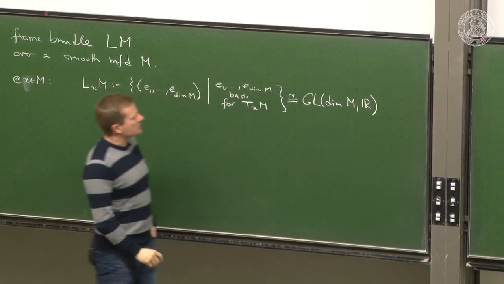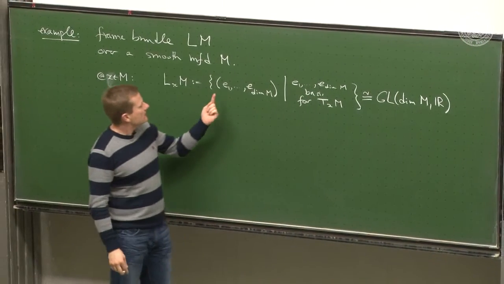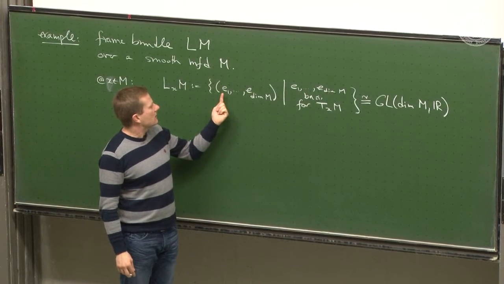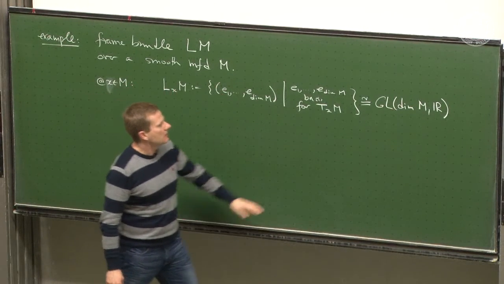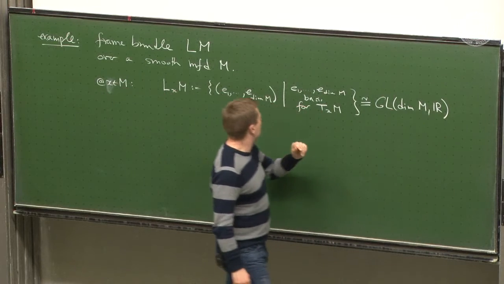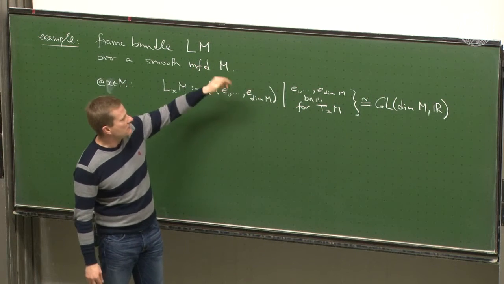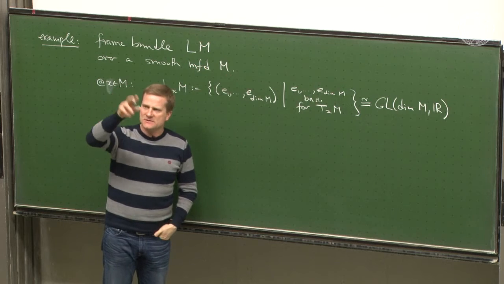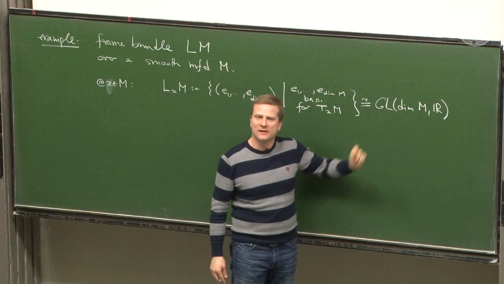because you certainly remember from your linear algebra classes that if you take the vectors of a basis and you express them in, say, R^dim M, in terms of the canonical basis, you get column vectors, and if you put these columns next to each other, you get an invertible matrix, right?